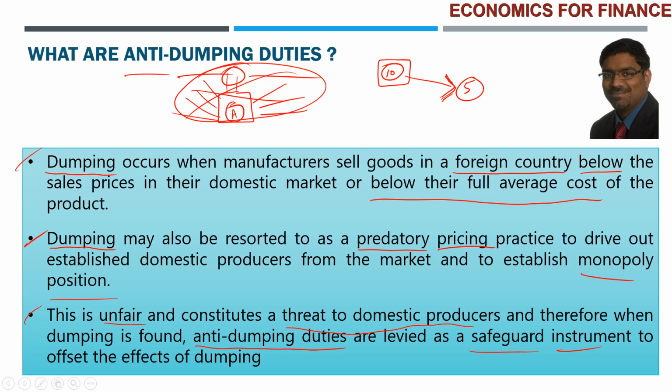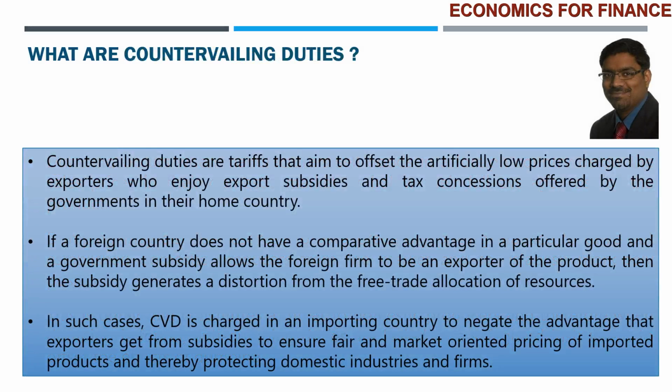As a part of the practice of predatory pricing or to establish a monopoly position and completely drive out the domestic producers from the market, dumping may be practiced by foreign manufacturers. As a shield or as a safeguard to reduce the effects of such dumping practices, governments might impose anti-dumping duties. That is the concept of anti-dumping duties.